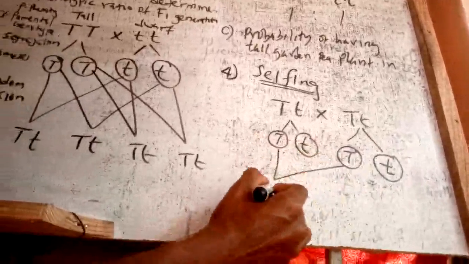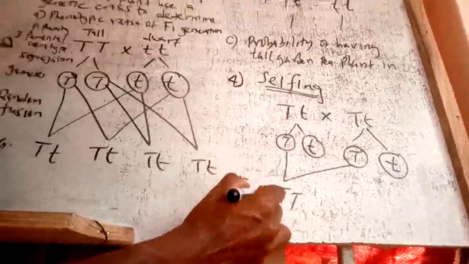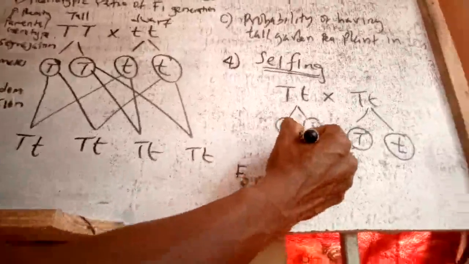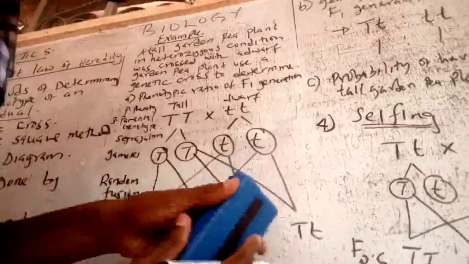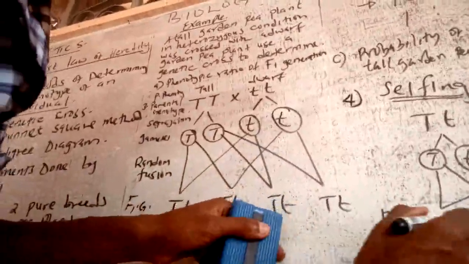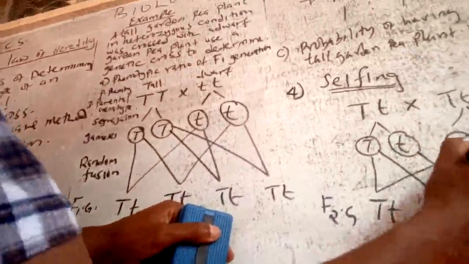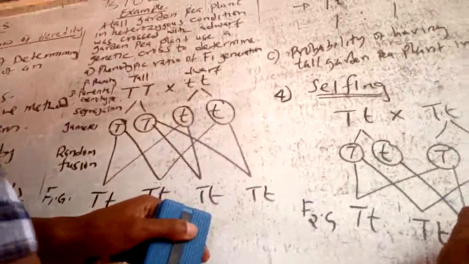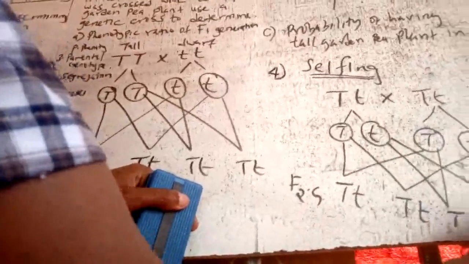After getting this, we'll get the F2 generation, and this also becomes T. This is supposed to be a small t, the first one. This is capital T, small t. This becomes a capital T, small t, and this becomes a small t.